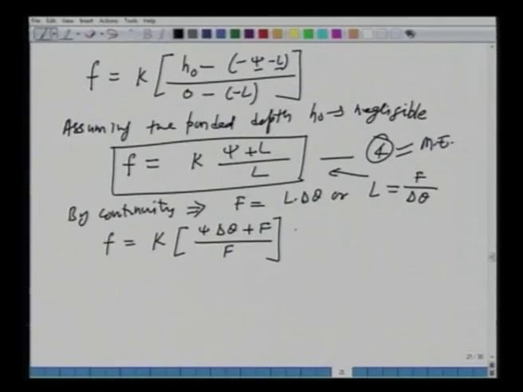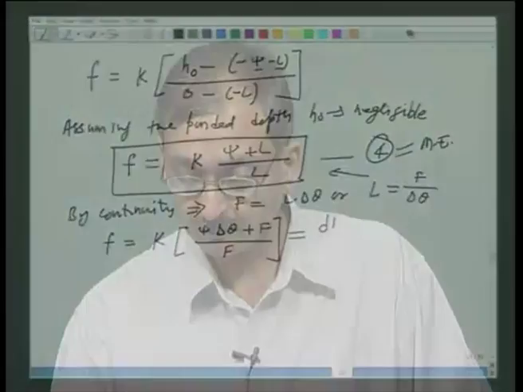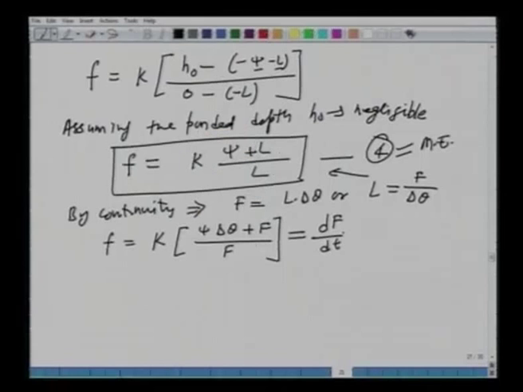Now, what we do is we say that this small f is nothing but dF over dt. Now, we do a separation of variables. So, we combine capital F terms on the left hand side. So, it will be this dF, with the F terms on one side, equal to K dt.